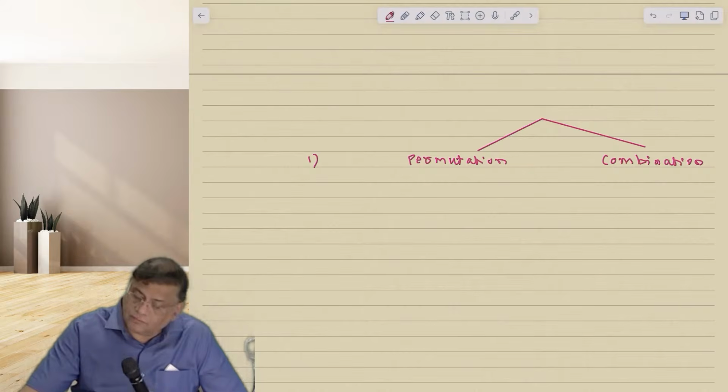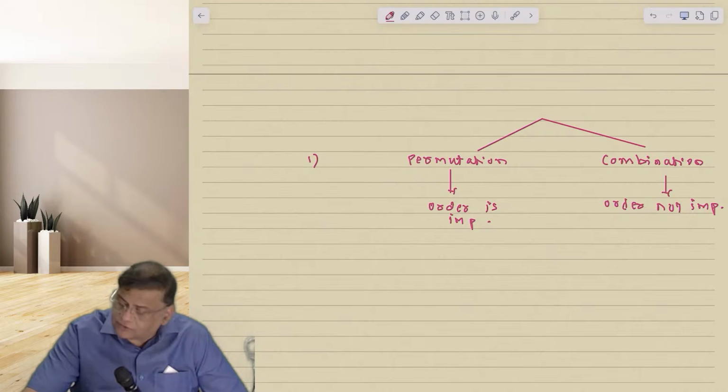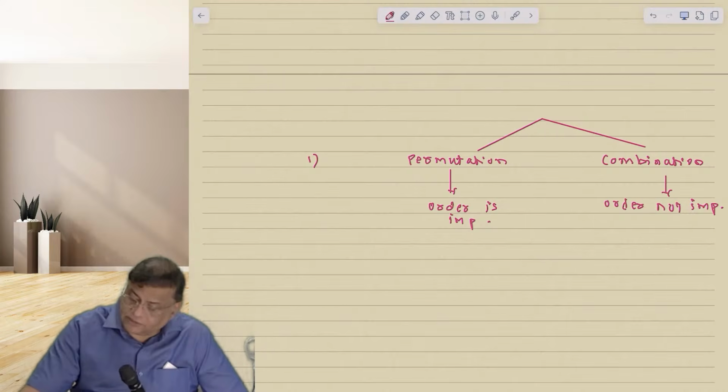Now, whenever the order is important, it is permutation, and whenever the order is not important, it will be combination.